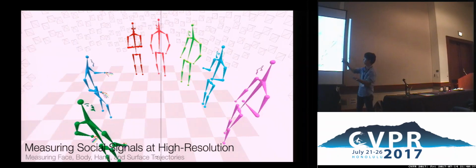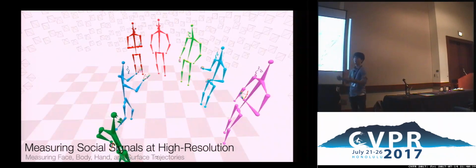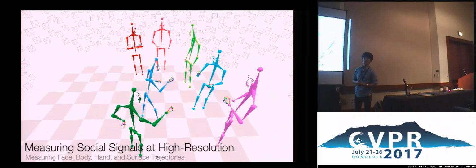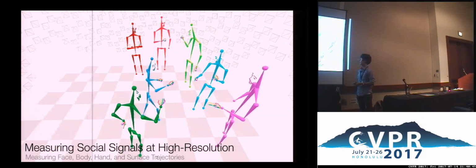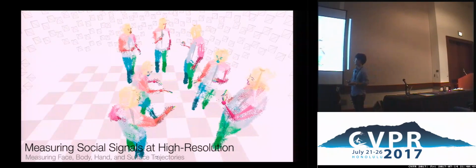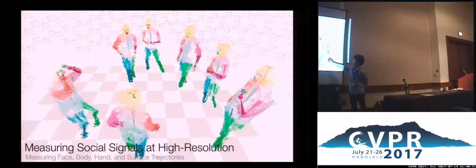So in our method, we can also reconstruct their hands based on our recently developed hand detector, which will be introduced in this CVPR. At the end, we reconstruct their body moving trajectory, much denser than previous methods, maybe to understand their social behavior.